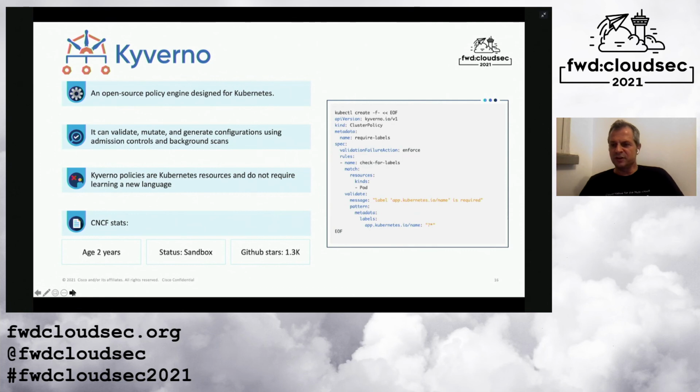So you can see on the right-hand side of the screen, they're just like any YAML file, any CRD, easy to define, easy to use. It's a 2-year-old project, still in sandbox. GitHub stars, I think 1,300 last time I checked. But I think it's a very interesting approach.